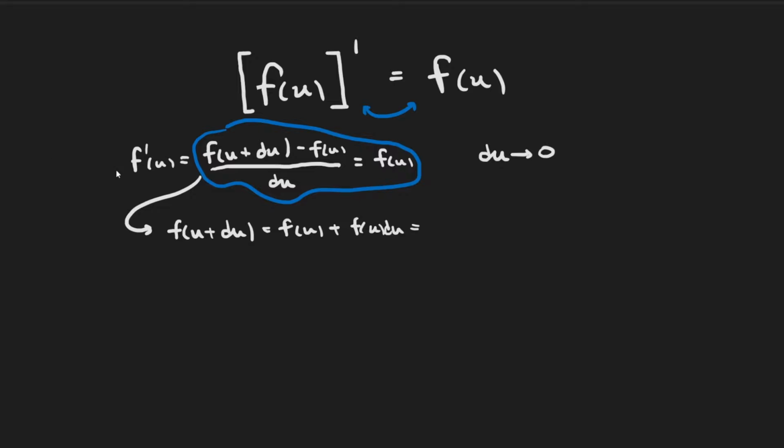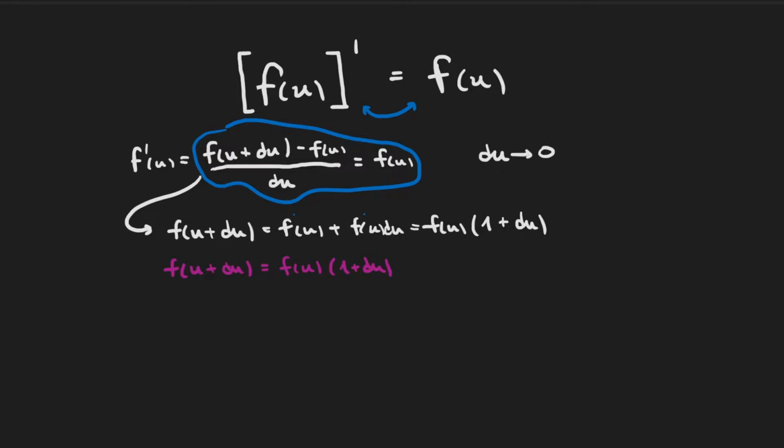And we can further simplify this, taking these two out, and we get f(x)(1 plus dx). We just factored f(x) out. So the final expression: f(x plus dx) is equal to f(x)(1 plus dx), and we are done.